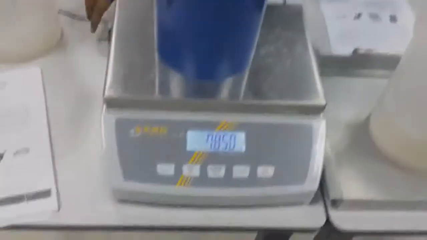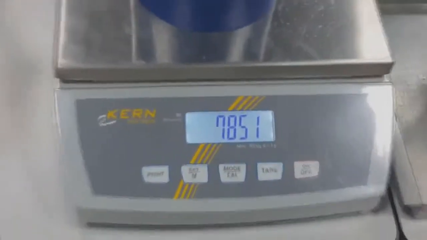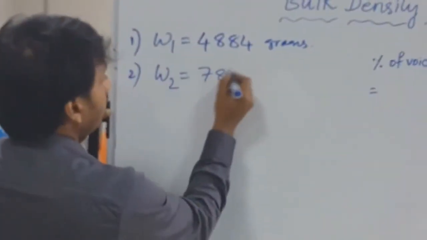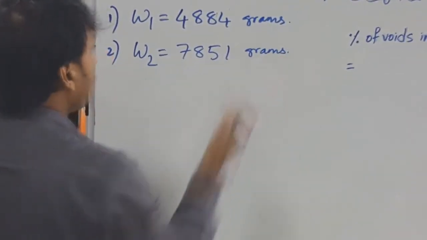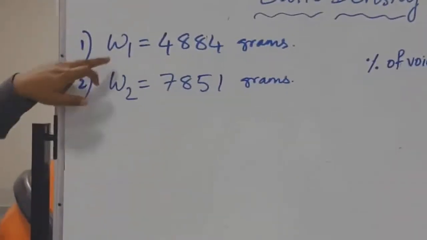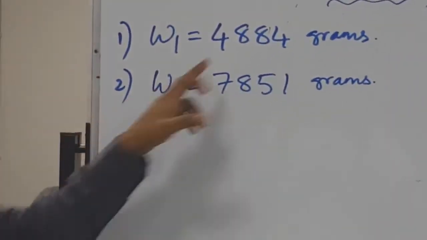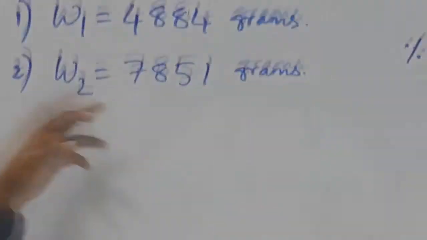Now take the weight of mold plus water, 7851 grams. W2 is 7851 grams, which means the weight of mold plus water is 7851 grams. W1, the empty weight of the mold, is 4884 grams.